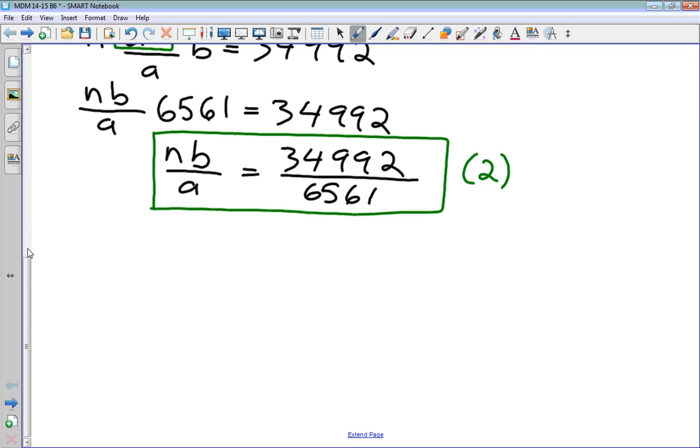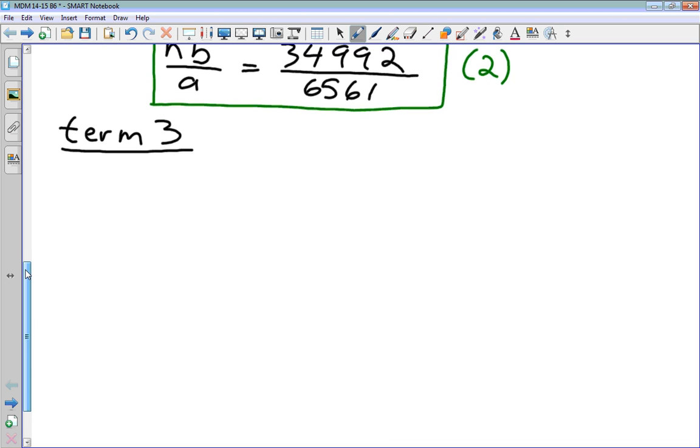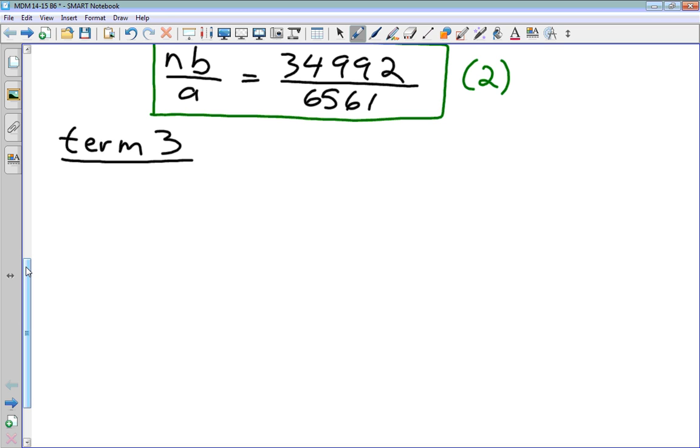Well, now let's see what we can get from our third term. Our third term is n choose 2, or the coefficient on our third term, a to the n minus 2, b squared.